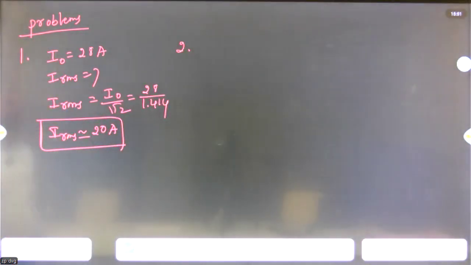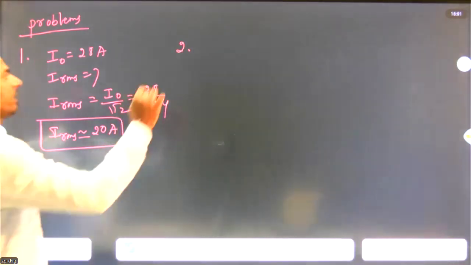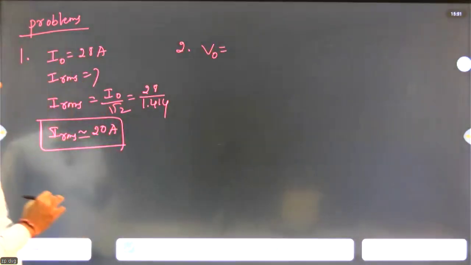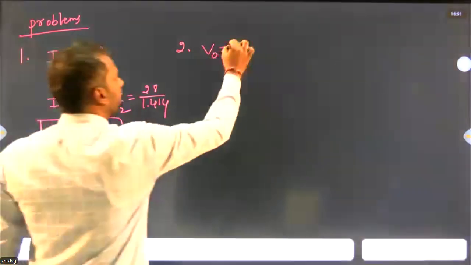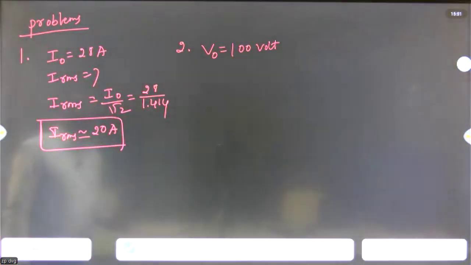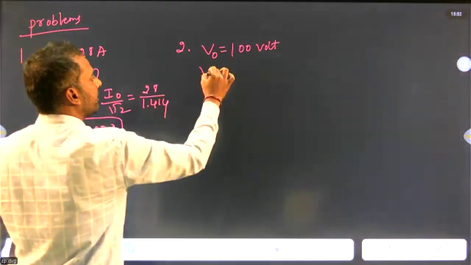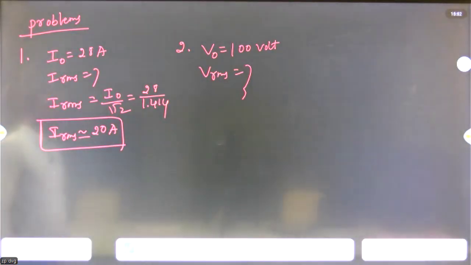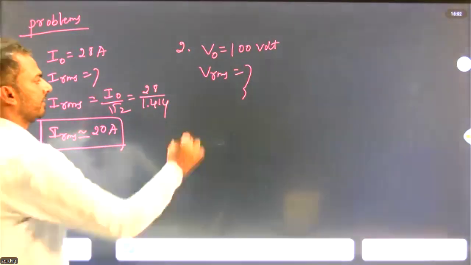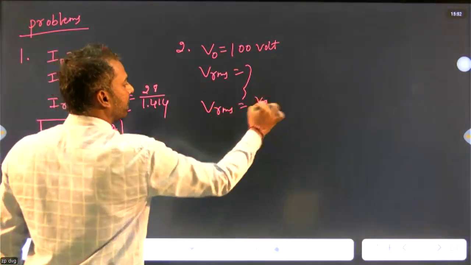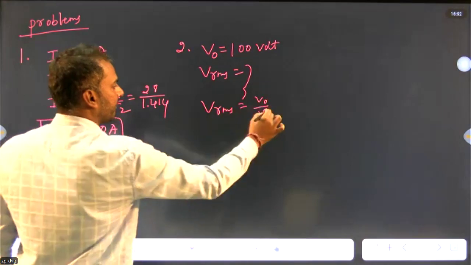Similarly, second problem. If the peak voltage in an AC circuit is 100 volts, what is the RMS voltage? The relation between VRMS and V0: VRMS is equal to V0 by root 2.